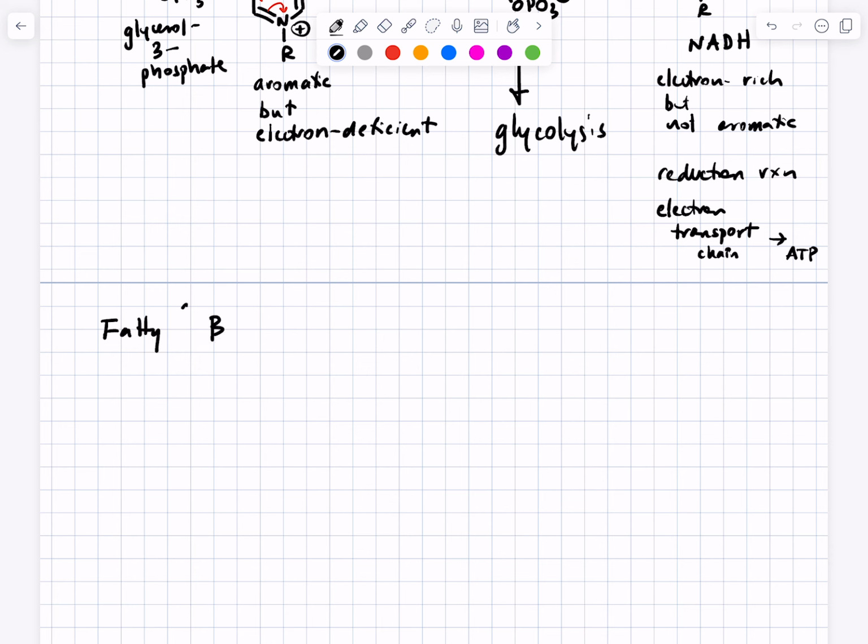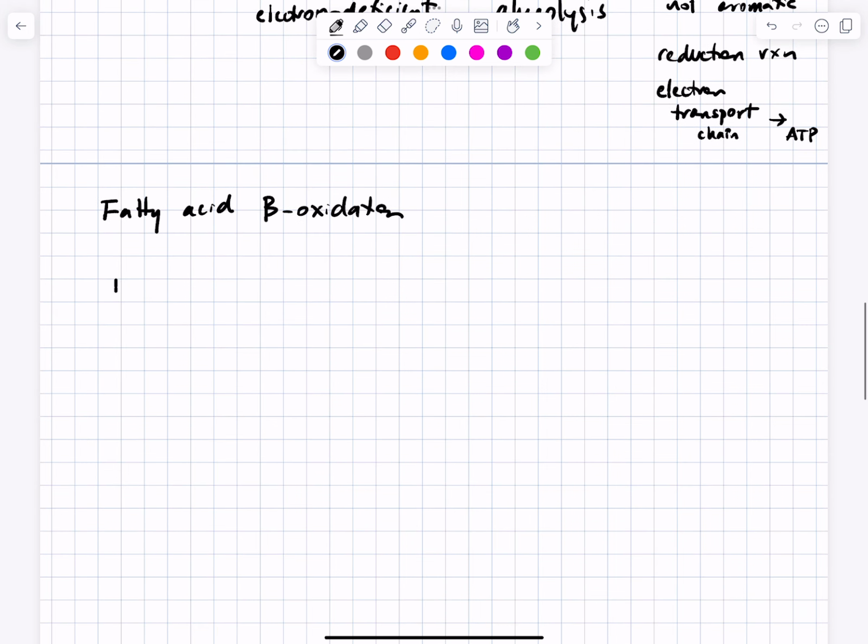So, fatty acid beta oxidation. You will see very soon why we call it beta oxidation. I'm going to draw a fatty acid. We're going to let an R group be everything but the last few carbons. And let's see, we need to begin with carbon alpha, beta, 2, that's fine.